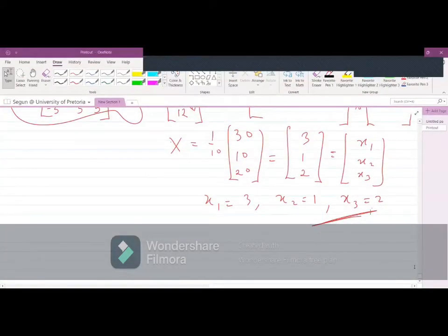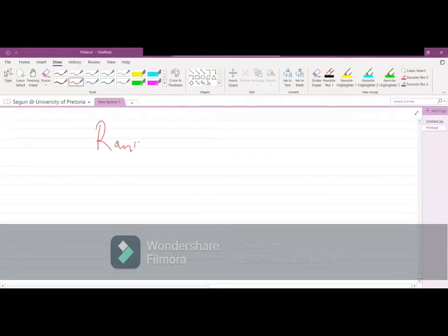So, the rank of a matrix. We have different methods of solving the rank of a matrix.